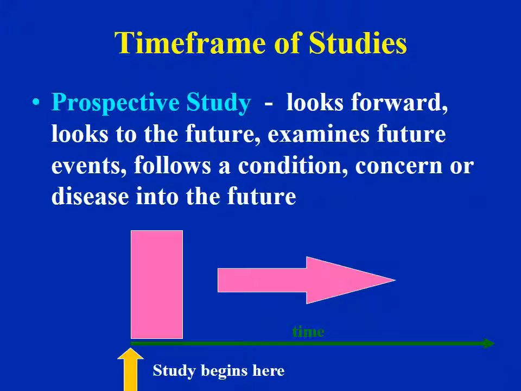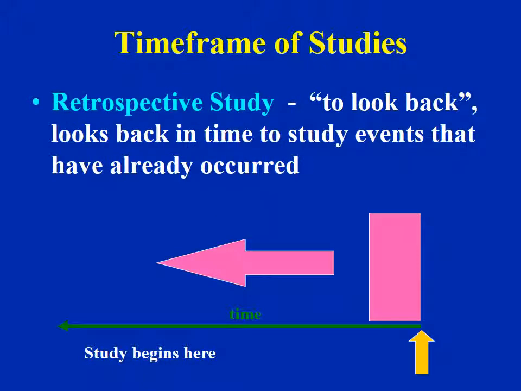We can look forward in time, where we start at one point and we follow everyone forward into the future. We will be looking at, do people develop a disease or a condition? We may also measure their exposure during that time frame. That's called a prospective study, where you look forward in time. But you can look backward in time as well.